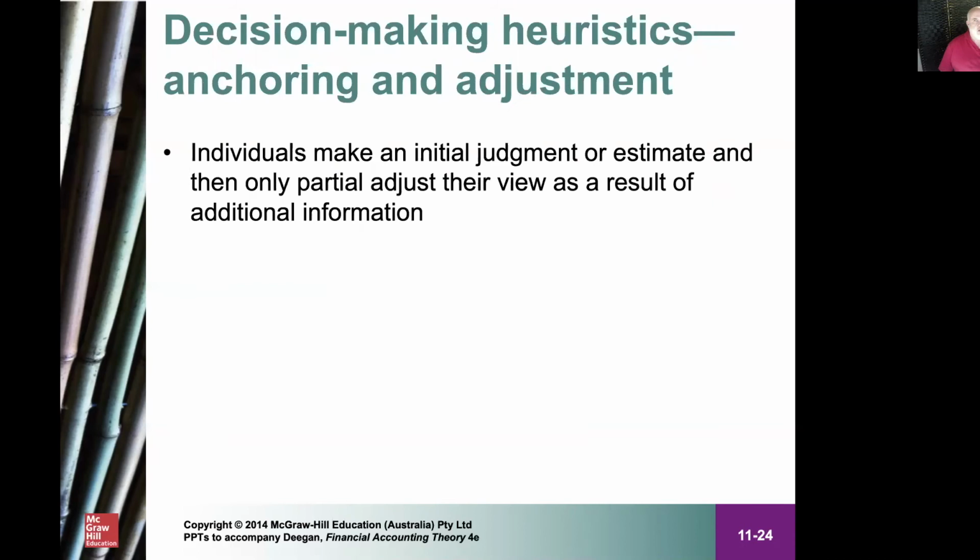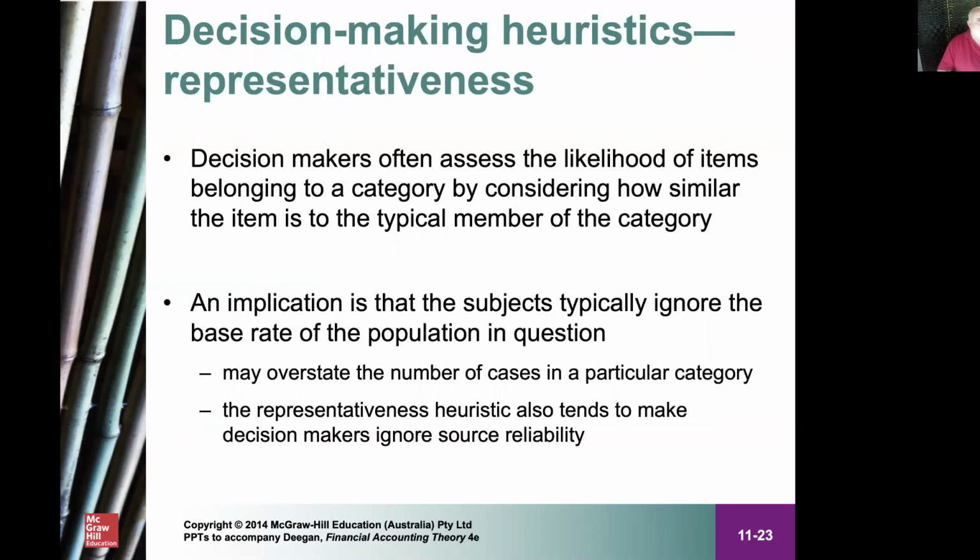So just going back, that was representativeness. It belongs to a certain class, and so it's represented by that class. Sometimes it can lead to problems. Like it said, you may overstate the number of cases.